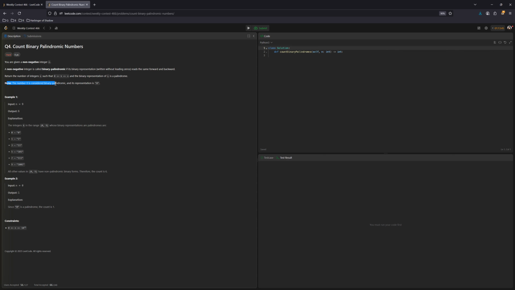Note the number 0 is considered binary palindromic and its representation is 0. So n is 9. The integers k in the range 0 through 9 whose binary representations are palindromes are... All right, this looks way more fun. We'll work on this and then go back to the other one, I suppose.